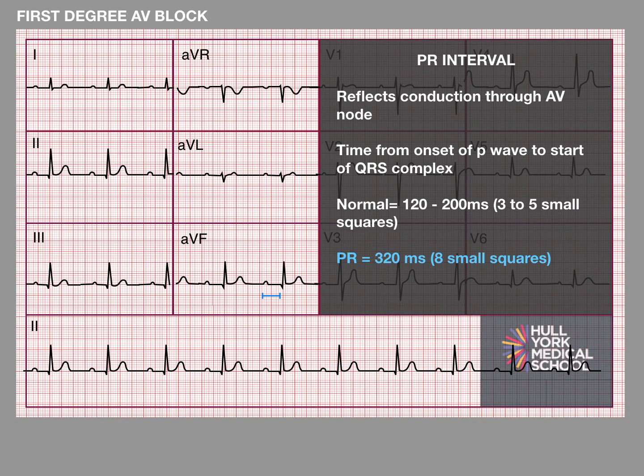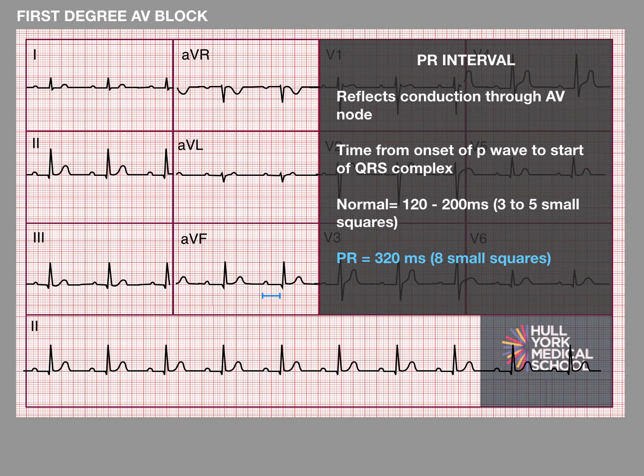So let's look at how this looks on the ECG. Our PR interval on our ECG reflects conduction through the AV node. So if our conduction through the AV node is slow, therefore our PR interval is going to be longer. That PR interval is the time from the onset, so the beginning of the P wave, until the start of the QRS complex.